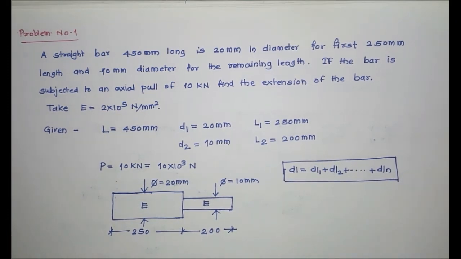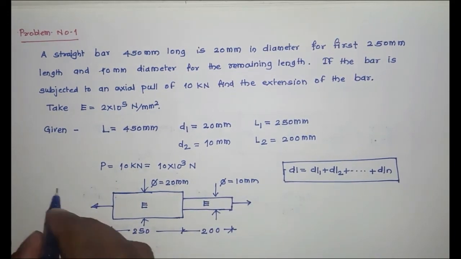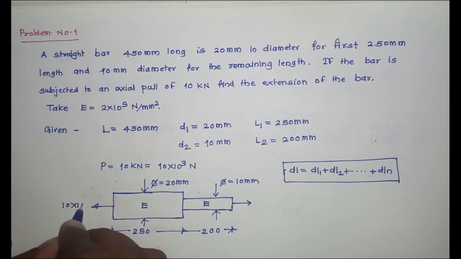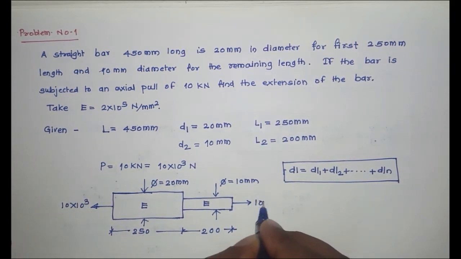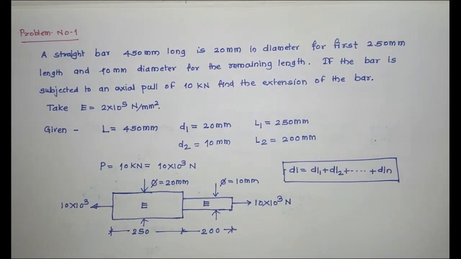Now based on this same concept, we will try to solve the problem, and it is subjected to a force of 10 kilonewton, so 10 into 10 to the power 3 Newton on each side. To solve this problem, I will have to separate out these two parts.